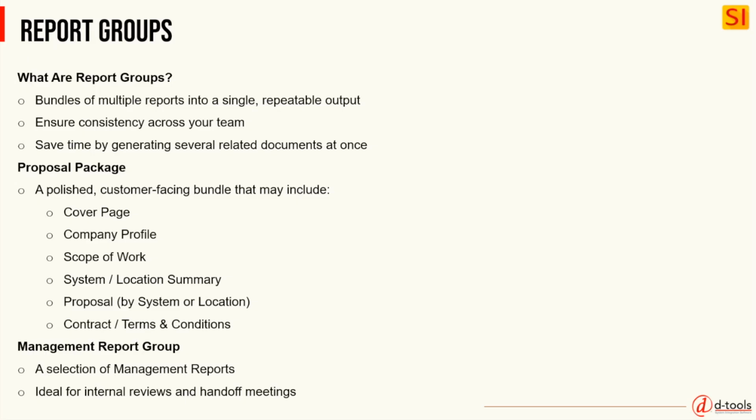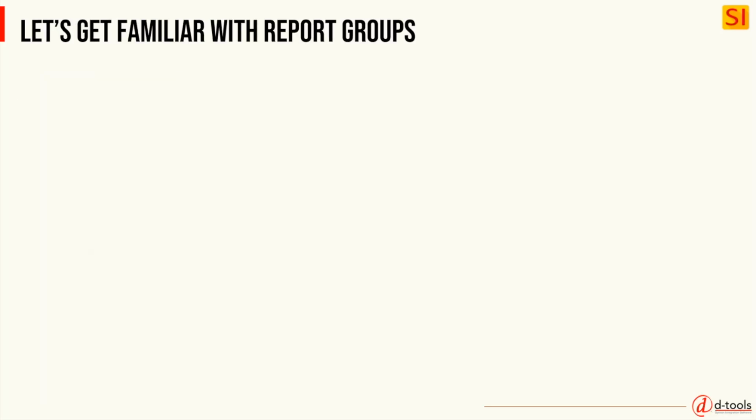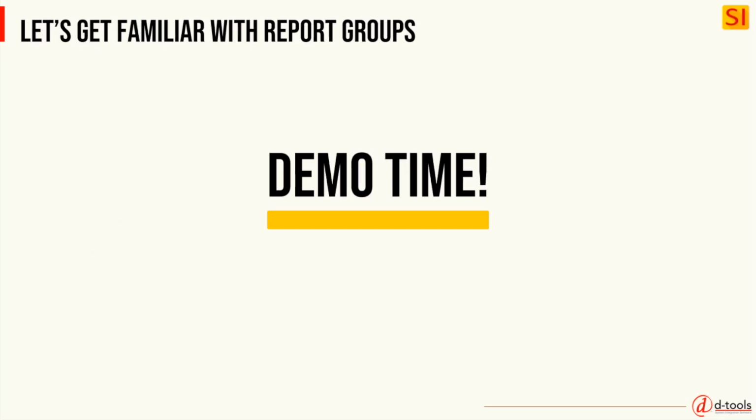So instead of running multiple reports and assembling them together, report groups allow me to say, I want to run a cover page, a company profile, a scope of work, a system or location summary, a proposal, and maybe a contract. Or on the management side, maybe I want to pick two or three of my management reports and have them combined so I can click one button and get all three reports. That's the idea of report groups. They're very simple, and I'm going to show you exactly how they work.